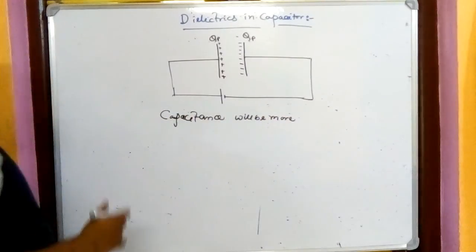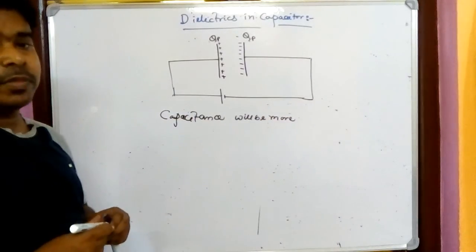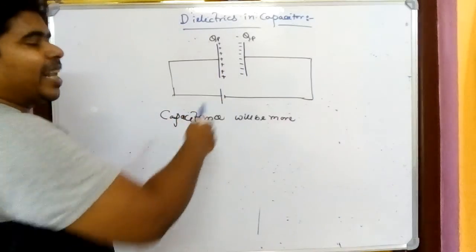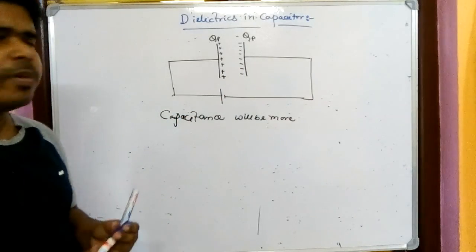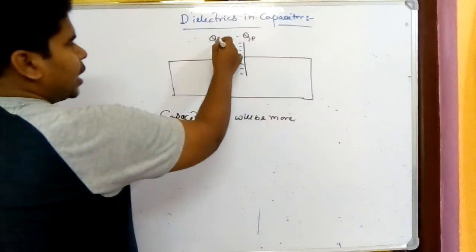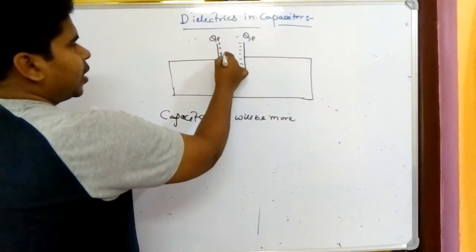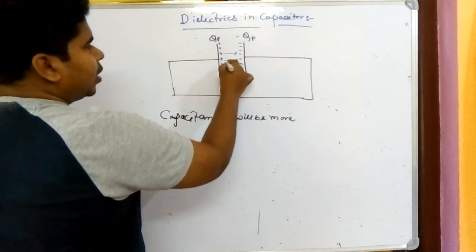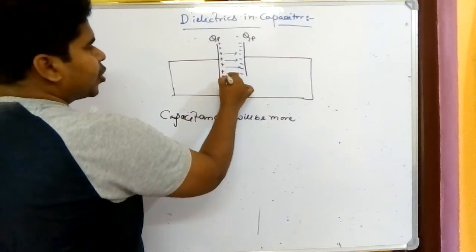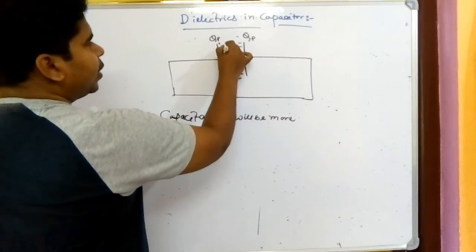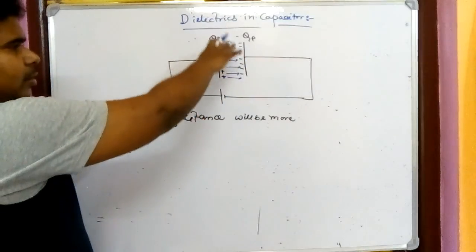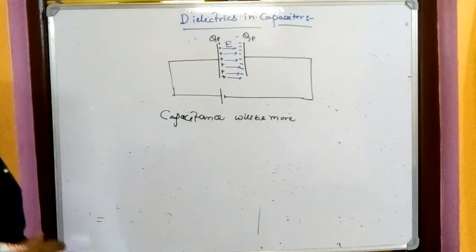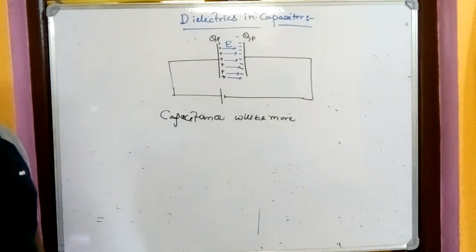but we have seen there is a problem. If we have kept a gap between the two metal plates, what is the problem? Here there is a positive charge and here is the negative, so the direction of the electric field is acting this way. As there is no substance in between them, the electric field is very strong.